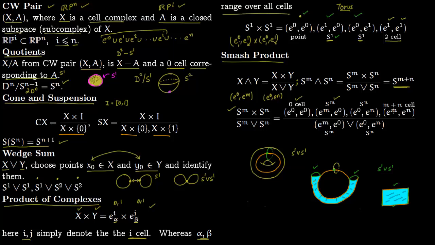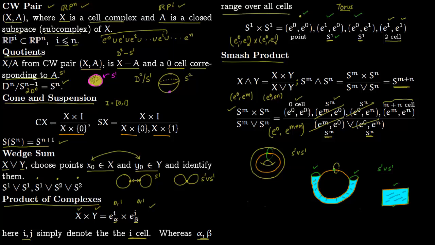And then you have Em, En. You add m plus n, you get an m plus n cell. Then you wedge it. Em, E0, this is Sm, E0, En, this is Sn. Now obviously you have this cancellation, and you have a 0 cell and an m plus n cell. So you're left with E0, which corresponds to this. 0 plus 0 will give you a 0 cell, and an Em plus n cell.